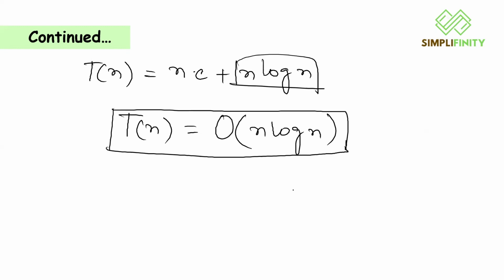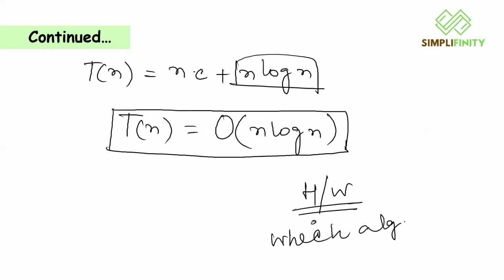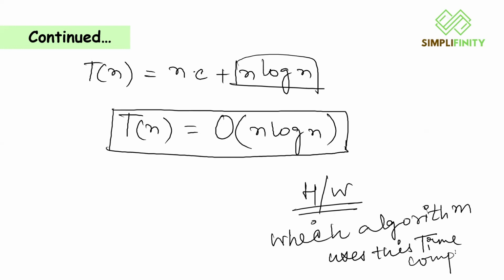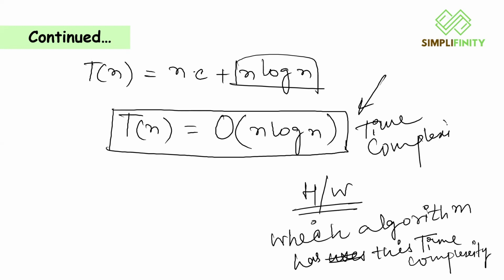Okay, so your homework is which algorithm uses this time complexity? Not uses, has. This is the time complexity we have found of the recurrence relation.